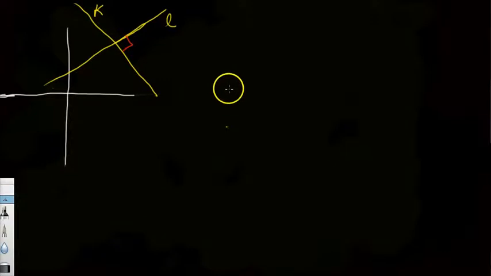Welcome to a video on analytic geometry, or algebraic geometry, and we're going to be talking about how to prove the perpendicular line theorem, that the product of the slopes of two perpendicular lines is equal to -1, or that the slopes are negative reciprocals of each other.